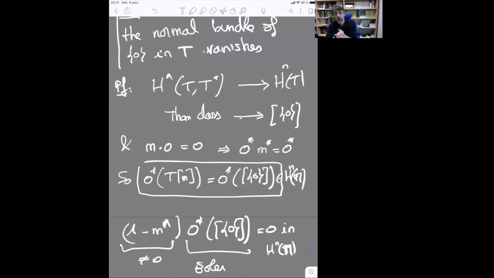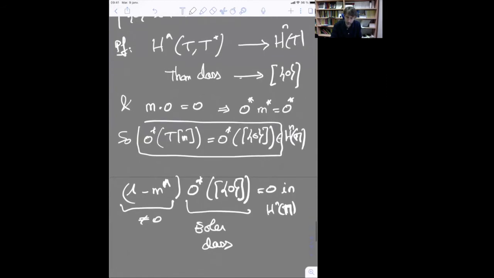If you don't like the end of the proof, don't worry, it won't be used later. But the crucial thing is a small lemma. Okay, we'll see this coming back several times.